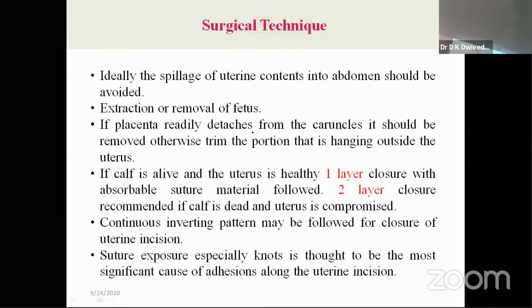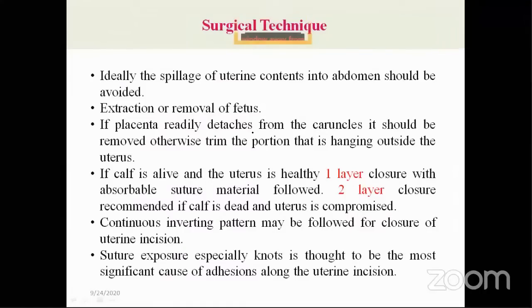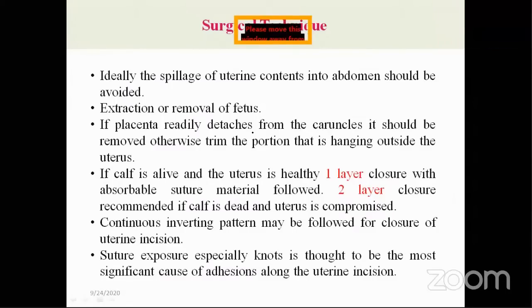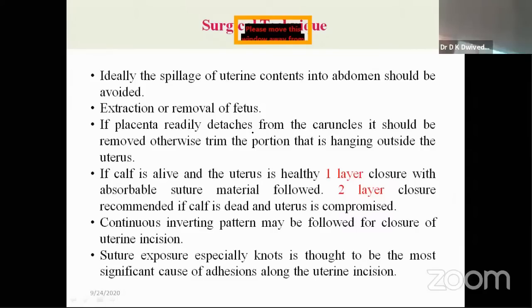And for the closure of the uterotomy incision, you have to follow the continuous inverting pattern. And during this closure of the uterine incision, this is very important: you have to invert your sutures. Your sutures should not be exposed. The knots of the sutures should not remain exposed, because if the sutures or knots remain exposed, that will aggravate the adhesion formation in the post-operative period.